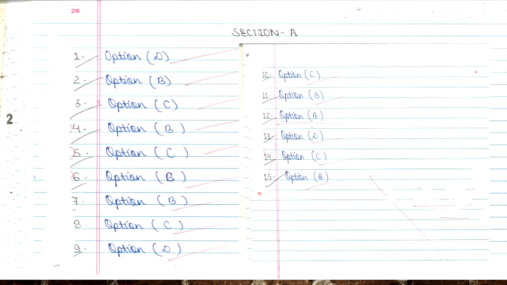Question number 13 is again assertion reasoning. Assertion: A person's behavior is never contrary to his attitudes towards a particular topic. Reason: there would be consistency between attitudes and behavior when the attitude is strong. Do you think so?